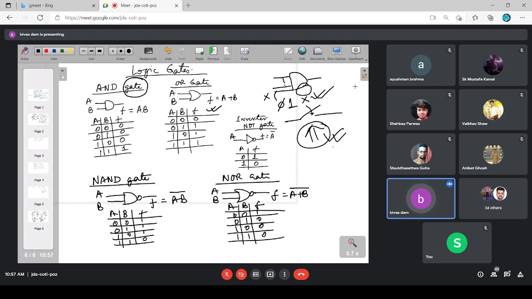If I find that one input is 1, straight away for the OR gate I will say the output is 1, for the NOR gate I will say the output is 0. And if we have to check the output of an AND or NAND gate, in that case I'll target to find out whether any of the inputs is 0 or not. In case any of the inputs is 0, I won't go for checking what the other input values are.